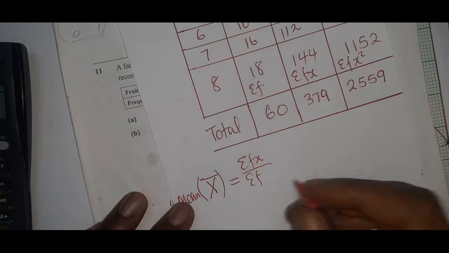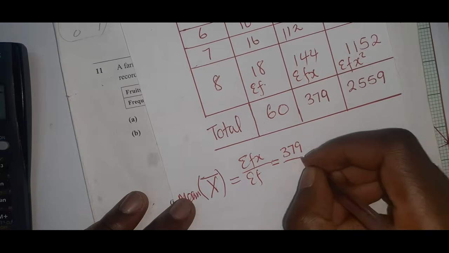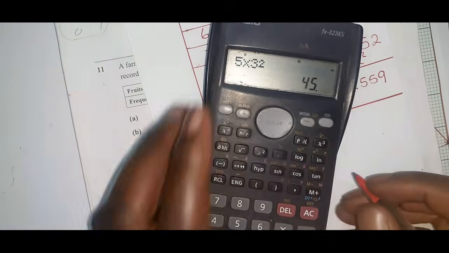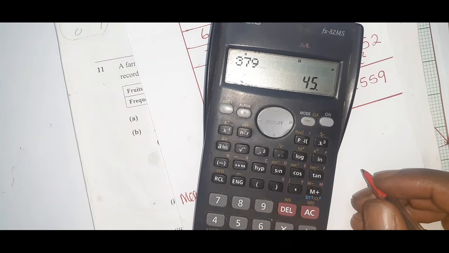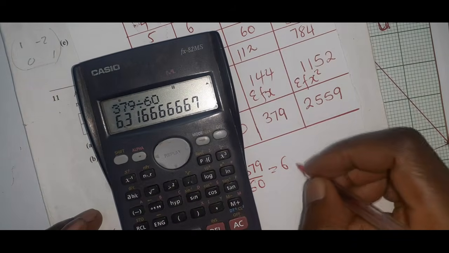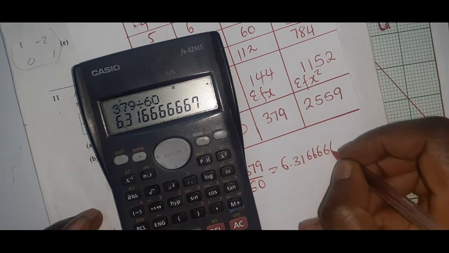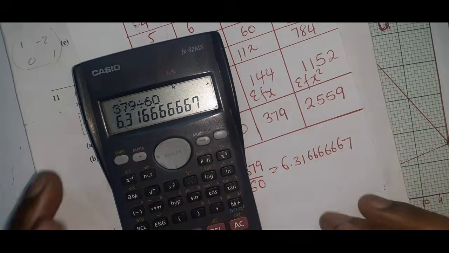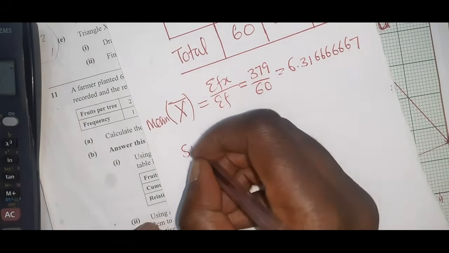Then this is now equals to 379 divided by 60, which is 6.316666667. Then after this one we come to standard deviation.